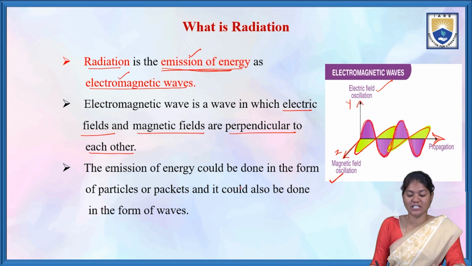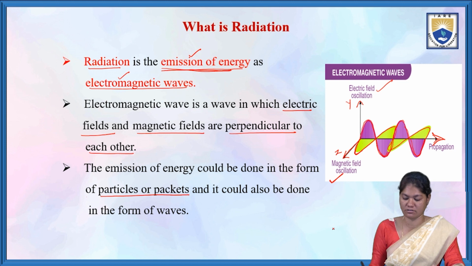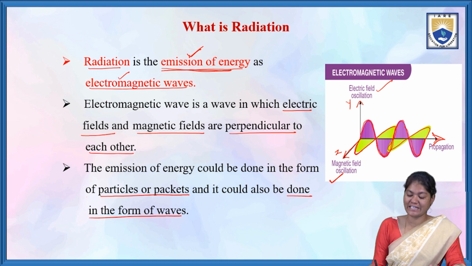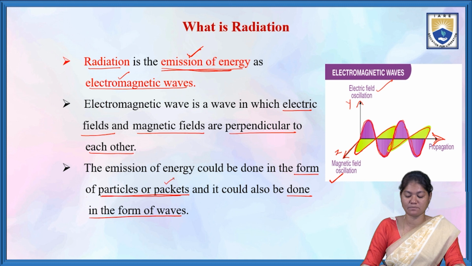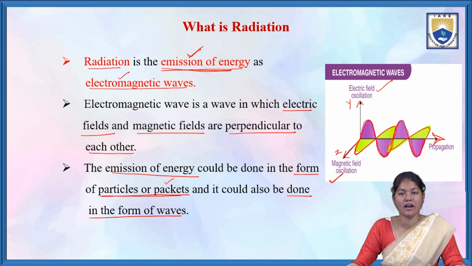That is, the emission of energy could be done in the form of particles or packets, and it could also be done in the form of waves. Packets means a small unit of energy.